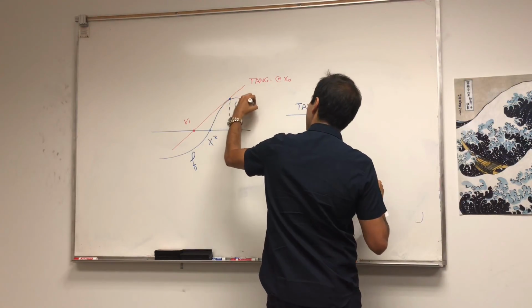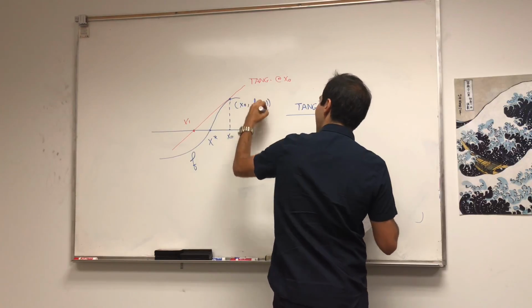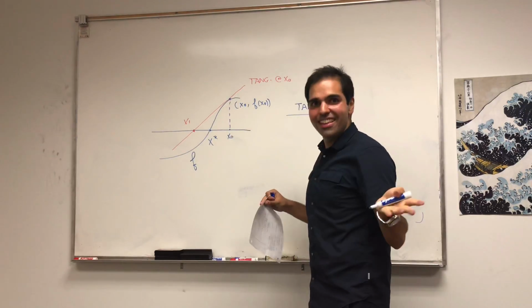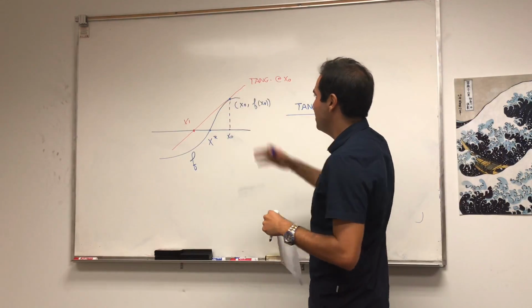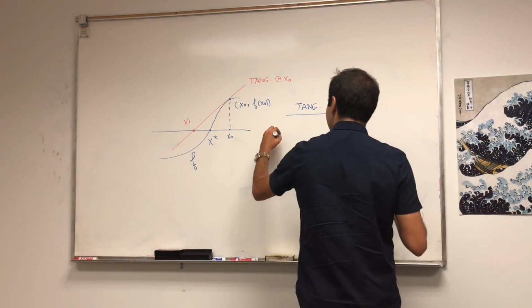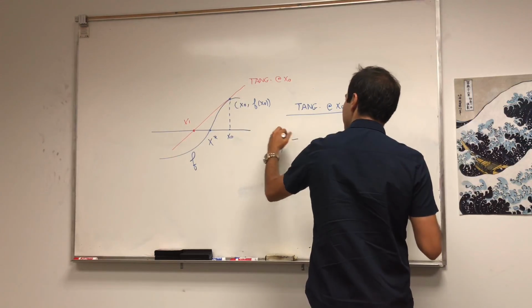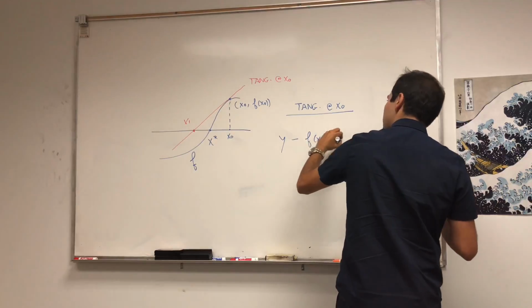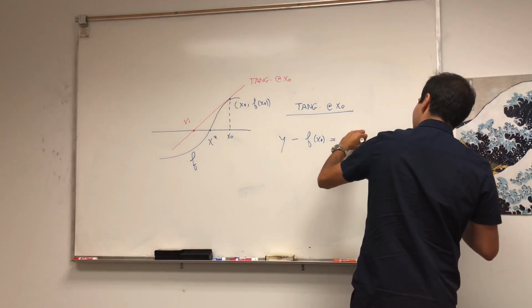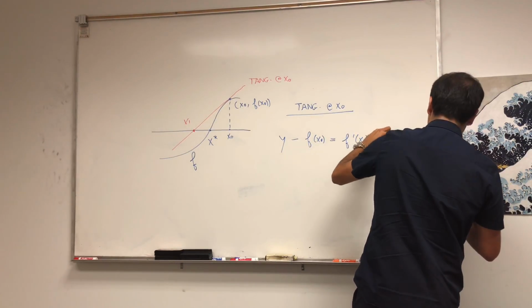It goes through the point x0, f of x0, and the important thing about tangent lines is that the slope of that tangent line is f prime of x0. So the equation then becomes y minus f of x0 equals f prime of x0 times x minus x0.